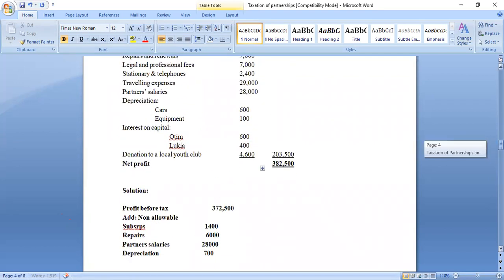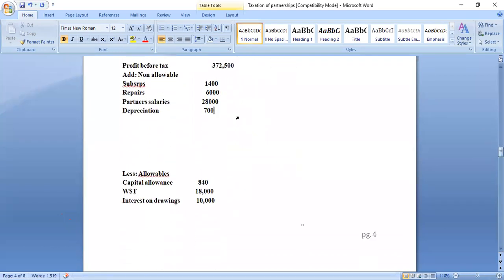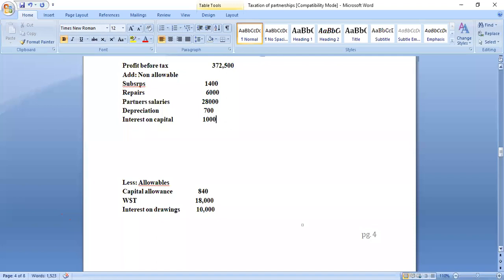Then you have interest on capital. Interest on capital is an expense. The total is 1,000, and it's not allowed for tax purposes. So we remove it by putting it under non-allowable.